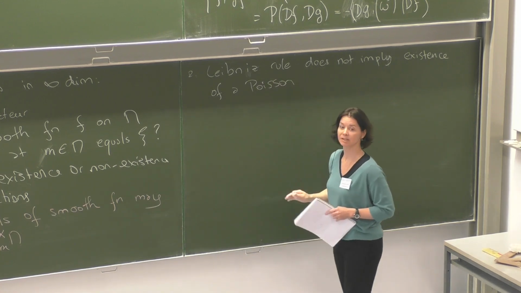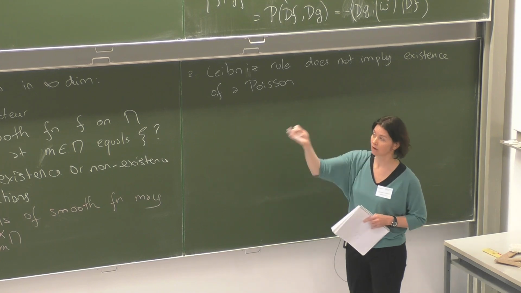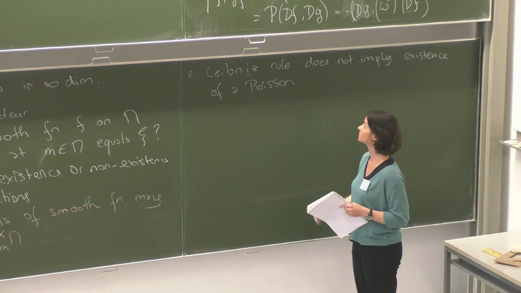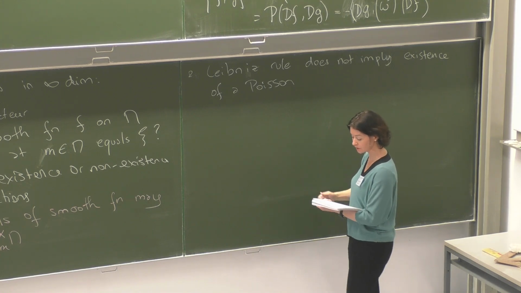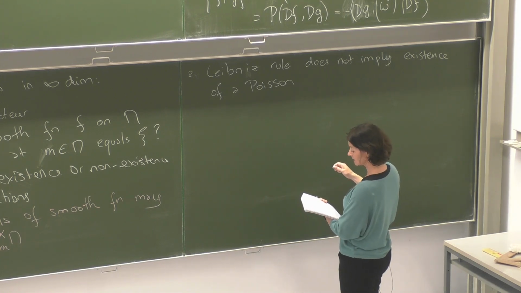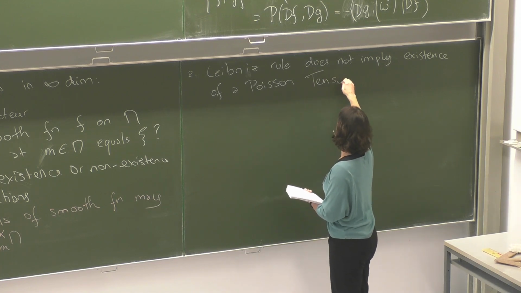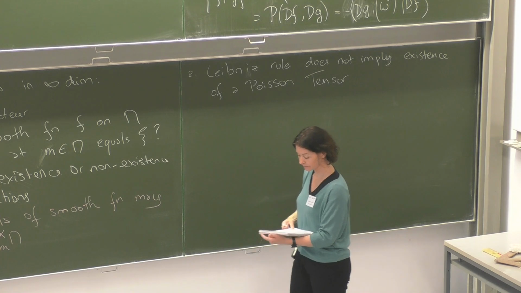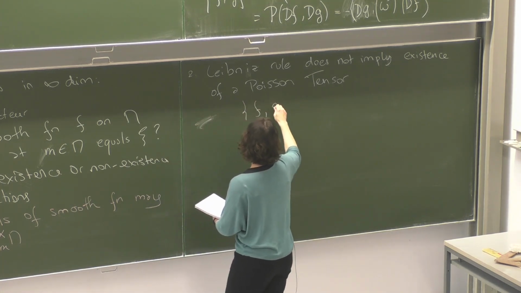Even on a Hilbert space, there are Poisson brackets that are not defined by a Poisson tensor. Perhaps I should say what the Poisson tensor is.